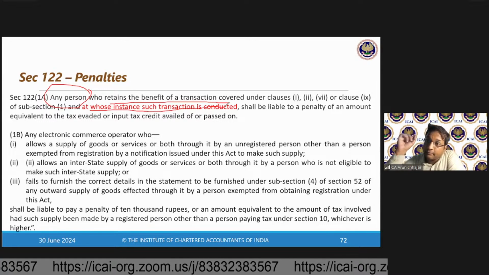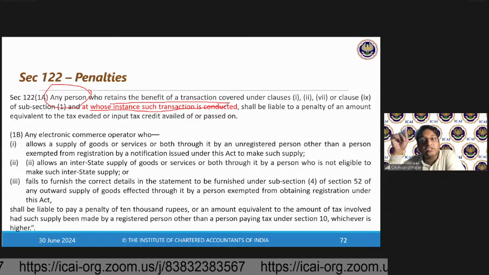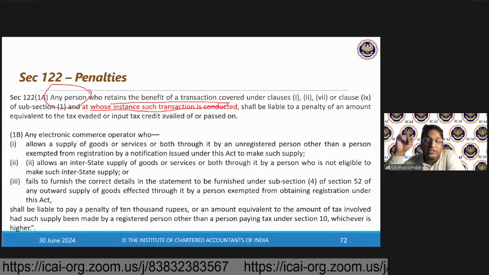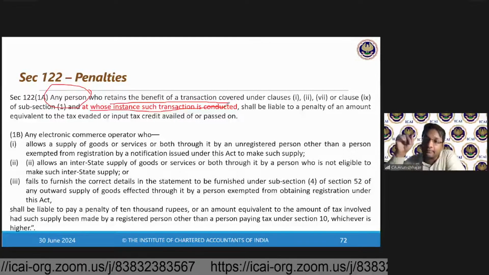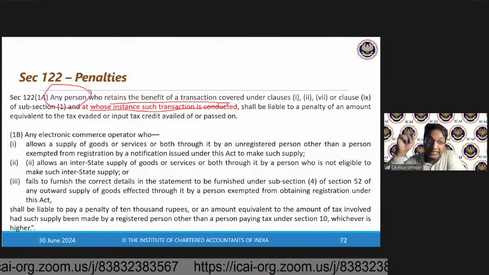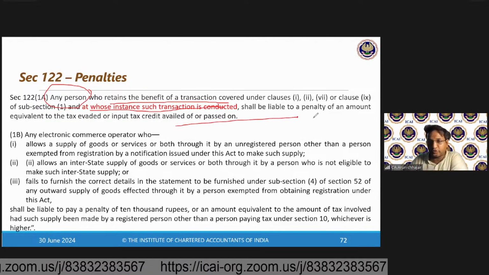They are saying the mastermind who conducts the transaction and retains the benefit, at whose instance the transaction is conducted, can be liable to a penalty of the tax evaded or ITC availed or passed on.